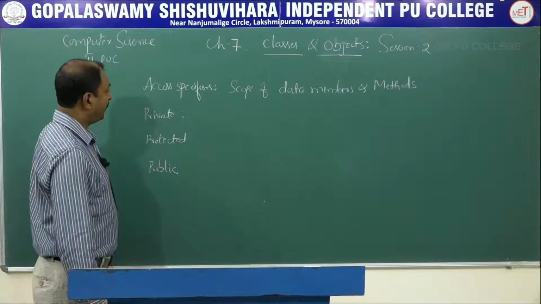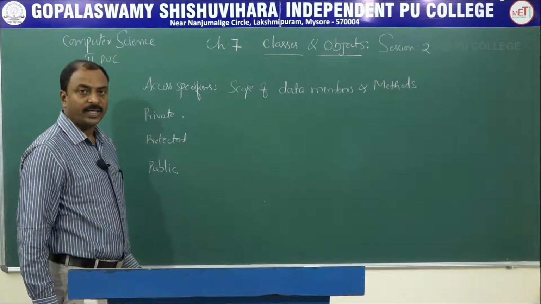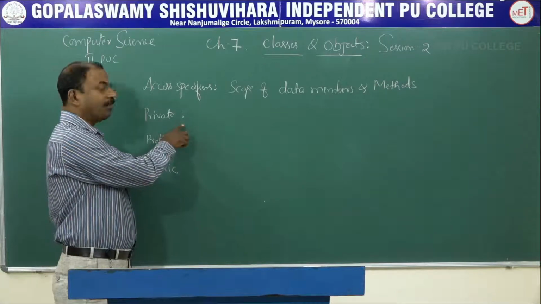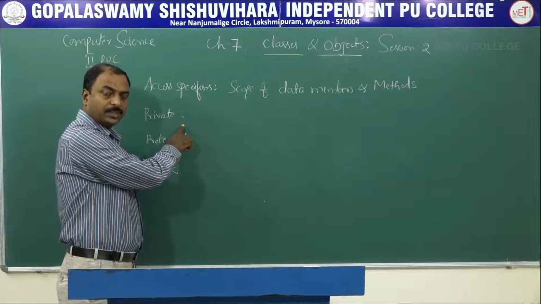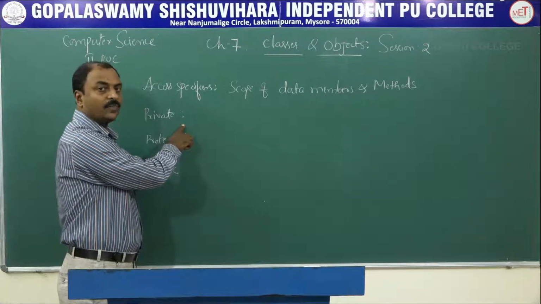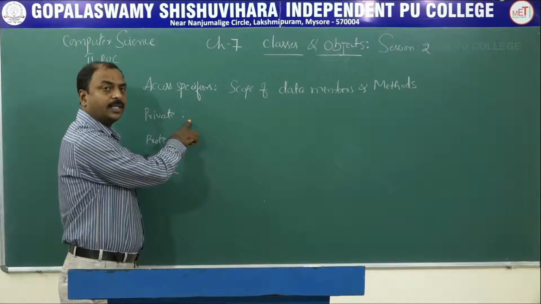Now let us see the difference between these three levels of access specifiers. If you declare any variables or member functions as private, the meaning is that those data members and member functions can be accessed only within the class where they have been declared.